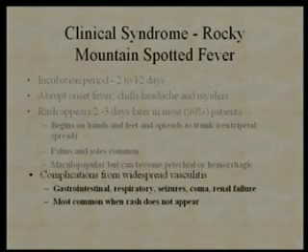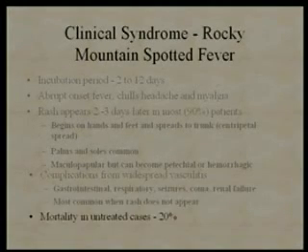So all the organs basically are being damaged because of the destruction of the endothelium. Obviously, these complications arise most likely when the rash doesn't appear. But again, fortunately in this disease, most patients develop the rash. But when it doesn't, the prognosis is not very good. Mortality rates can be as high as 20% in untreated cases.